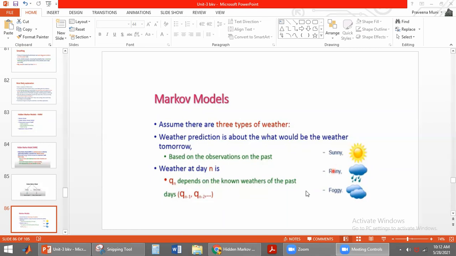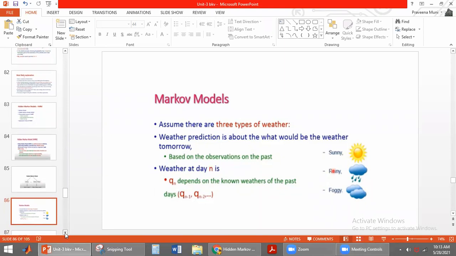It depends upon the weather on past days, given as qn minus 1, qn minus 2, and so on. So the weather on day n depends upon the past day weathers, that is qn minus 1, qn minus 2. So this is called a Markov model.